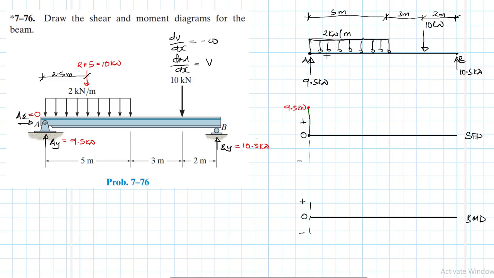And then we have a distributed load of intensity 2 kilonewtons per meter. So we expect this 9.5 to reduce at the rate of 2 kilonewtons per meter.